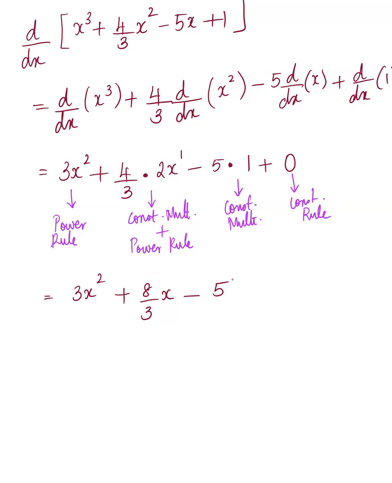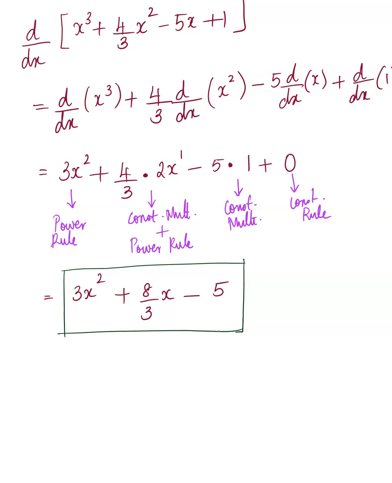And you can immediately appreciate how helpful this rule is, because if you didn't have this rule, you would have done x plus h the whole cubed plus 4 over 3 x plus h the whole squared minus 5 times x plus h plus 1 minus this whole thing divided by h, and you have to find the limit. The limit of the difference quotient would have been that huge expression. So we're very, very glad that we have this.